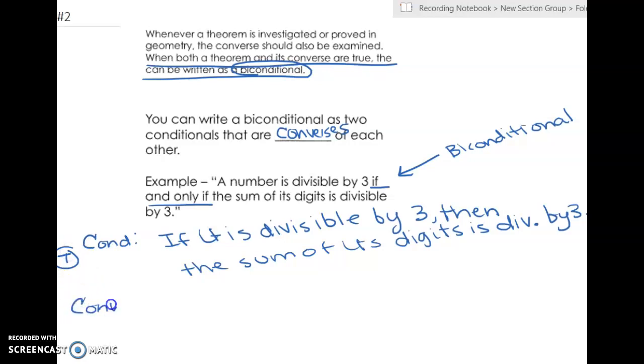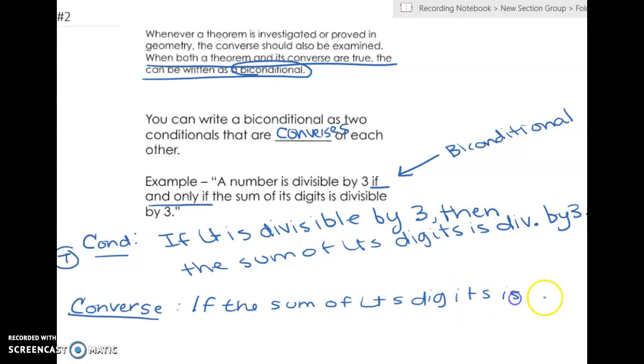Okay, now if we write the converse of that, remember, we're flipping the hypothesis and the conclusion. So if the sum of its digits is divisible by 3, then the number is divisible by 3.